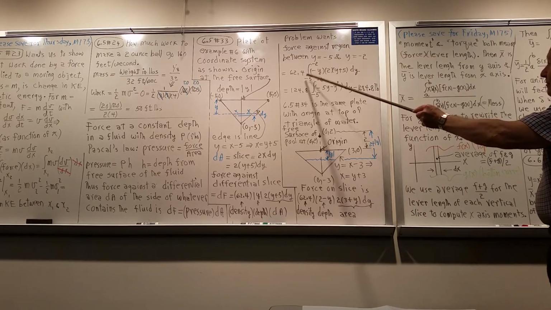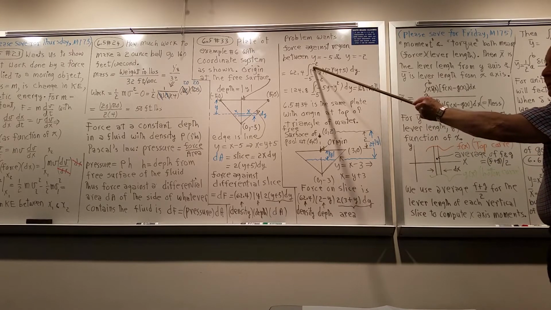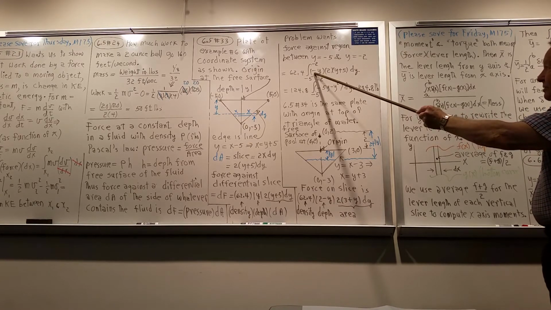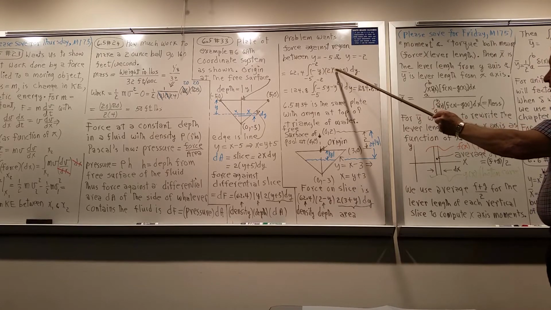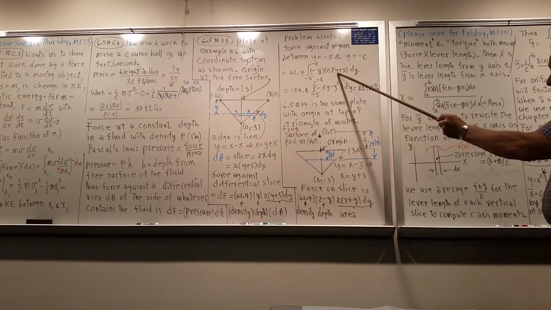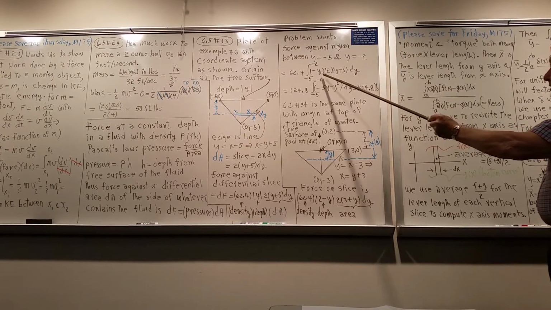Your limits are minus 5 to minus 2. Density, depth, which is minus y because that's your absolute value, your width, and dy times the width makes the area.